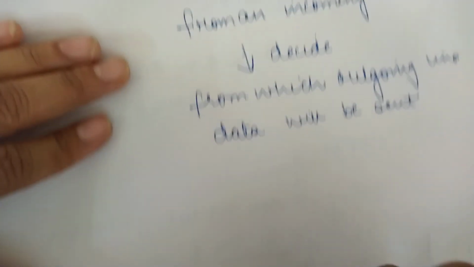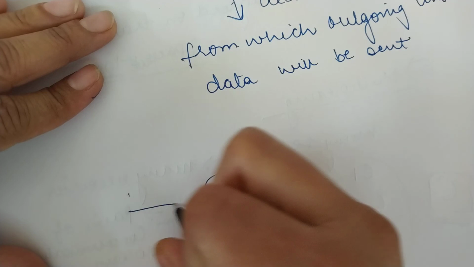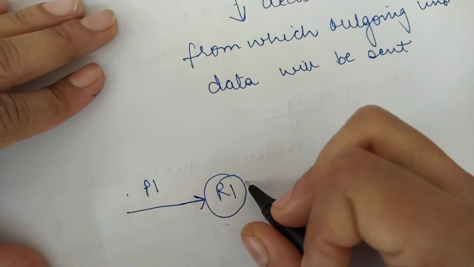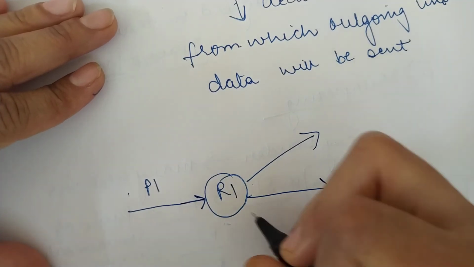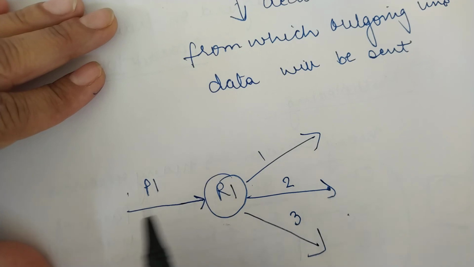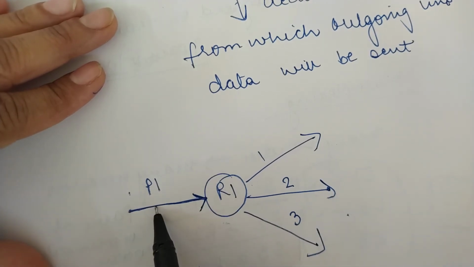That if I have a router R1 and there is a transmission line that brings a data packet P1 to R1, and from R1 there are 3 outgoing transmission lines. So the router R1 will first of all receive a data packet from an incoming transmission line.